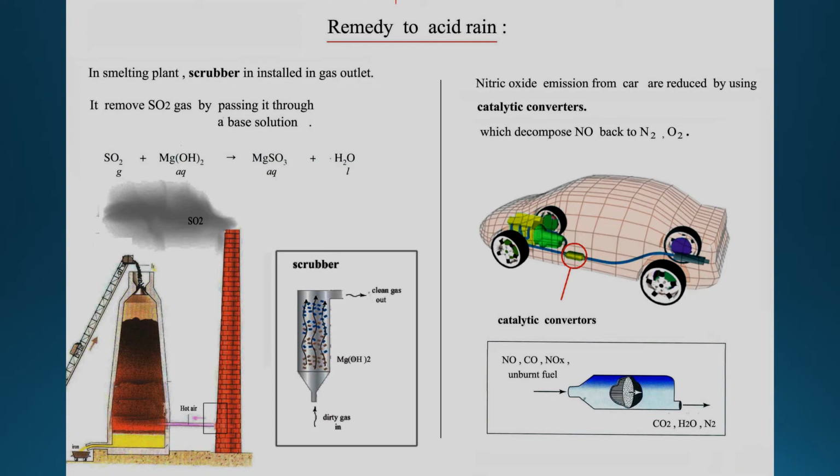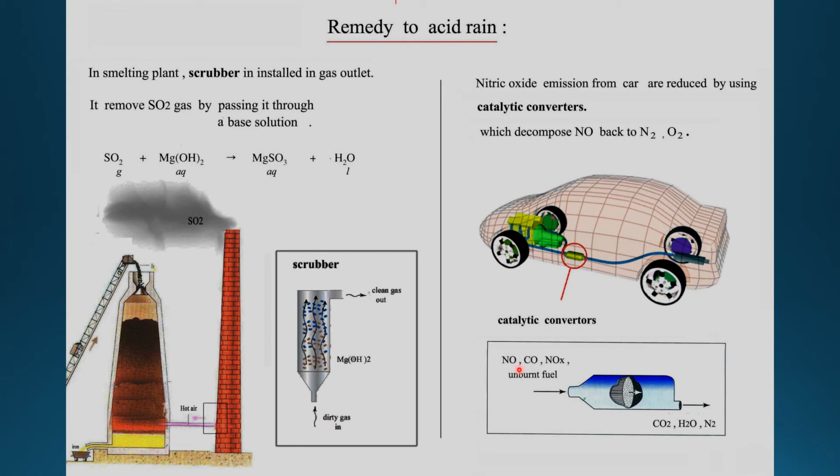Inside of it, they just have metal plates. When hot reactive gas goes through this metal plate, the metal plate acts as a catalyst to promote reactions of the reactive gases, like nitric oxide and carbon monoxide.